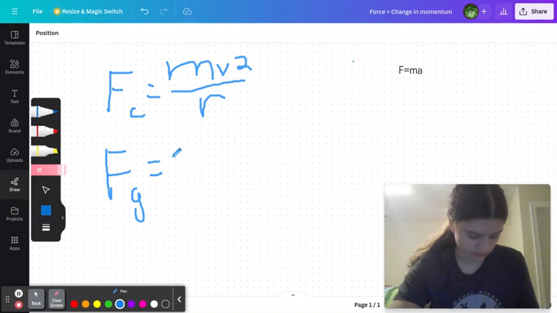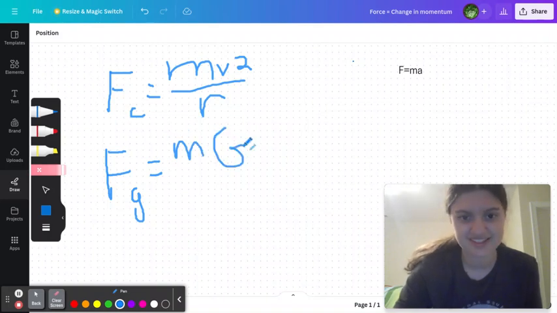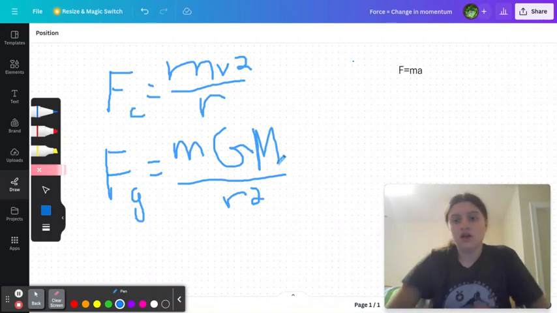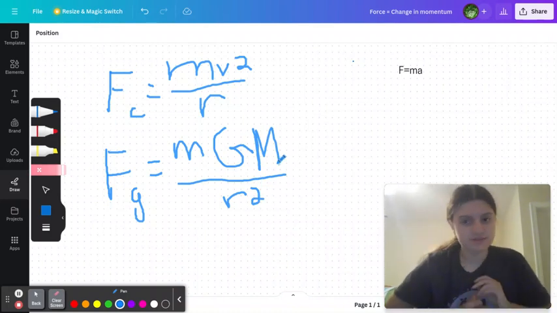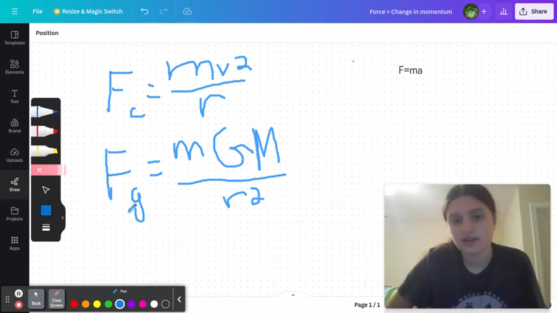Force of gravity equals mgm. I'm like, wait, I didn't write that down. That's because it's this one. It's mgm over R squared. So that squared R is going to make it so that the forces have to be the same at all times, but it's going to make some factors in these equations be a little different.